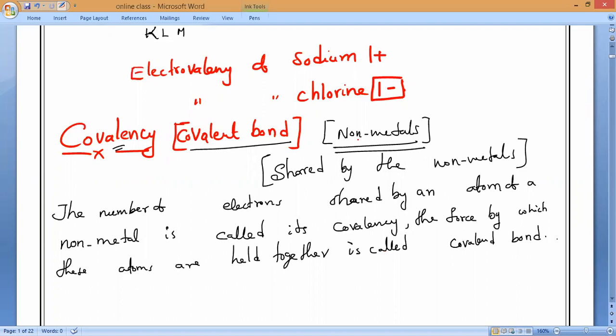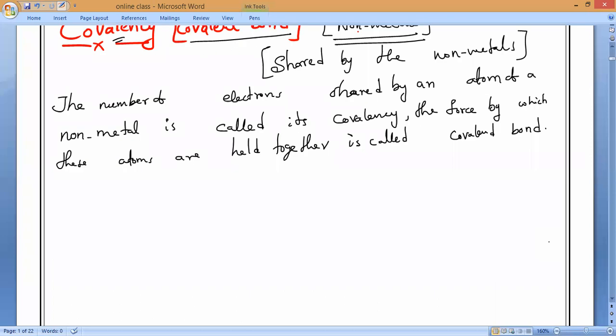Two non-metals combine together and they share electrons, and as a result they form covalent compounds. That is what is called a covalent bond. So covalency will form only covalent compounds or covalent molecules. That is also you have to write.